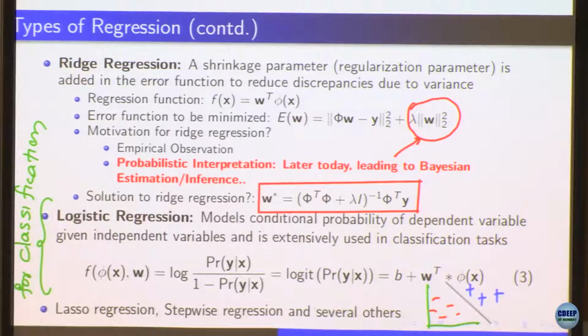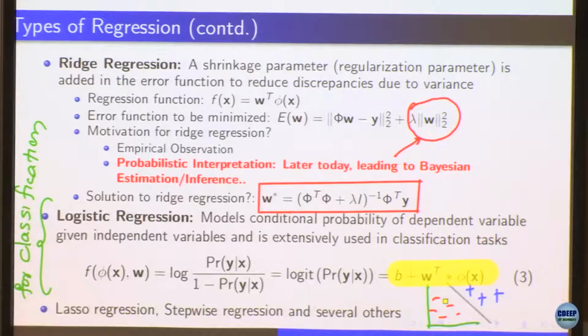This is the case of classification, and it turns out that the core model still remains this simple thing, b plus phi w transpose phi x. That's the core engine.